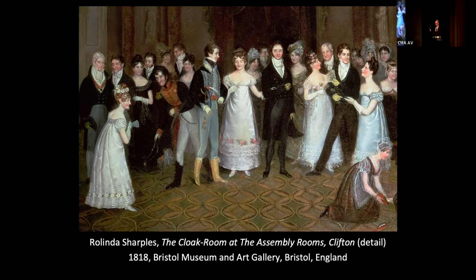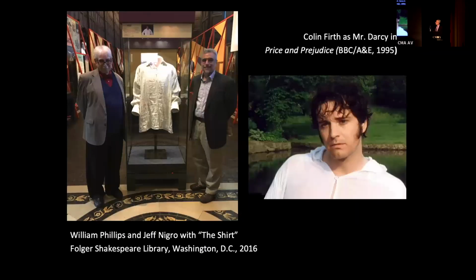So to conclude, I'm just going to show one more image, one more slide, which on the right shows Colin Firth as Mr. Darcy in the Pride and Prejudice 1995 in the famous, speaking of clingy wet shirts, The Shirt. And on the left is William Phillips, who is here, and myself posing with The Shirt, worn by Colin Firth.